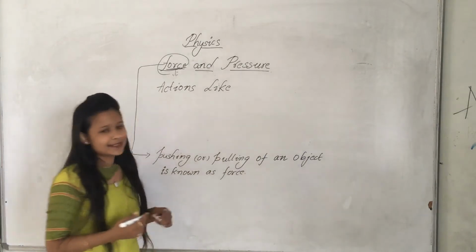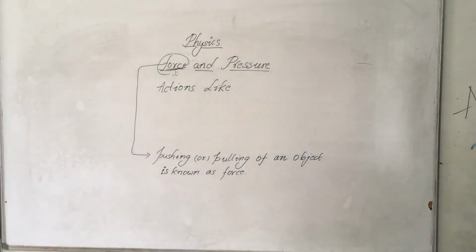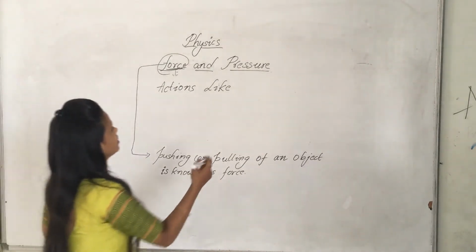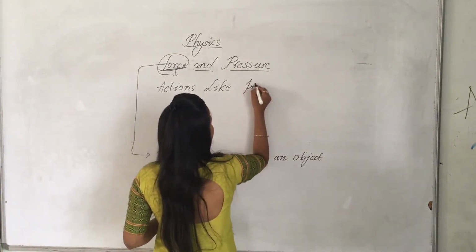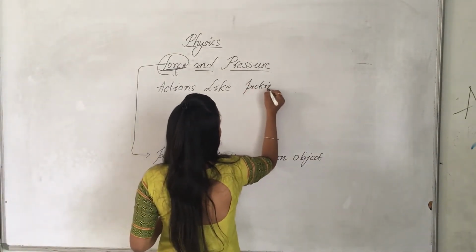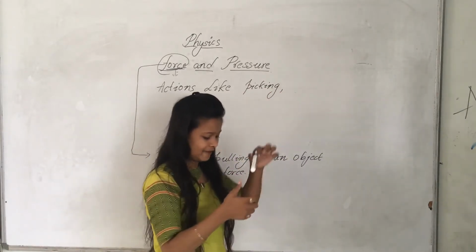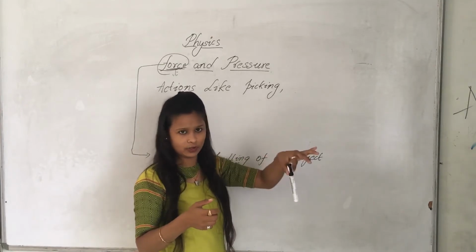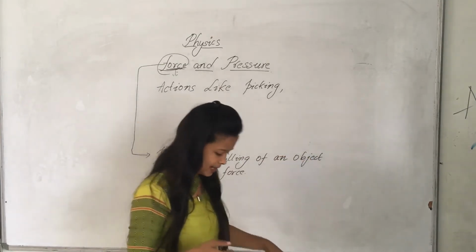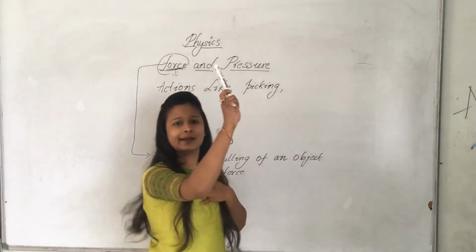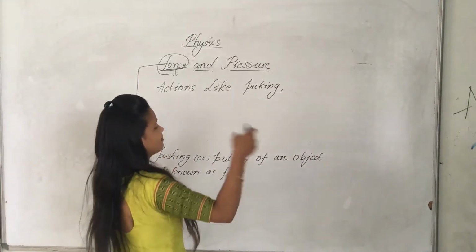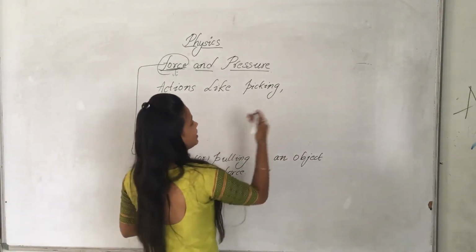Try to understand. Say me something. Actions like picking something up. Suppose I have dropped this down and am picking it up again. We are applying some force. You are getting this? Yeah, this is picking. Picking something.